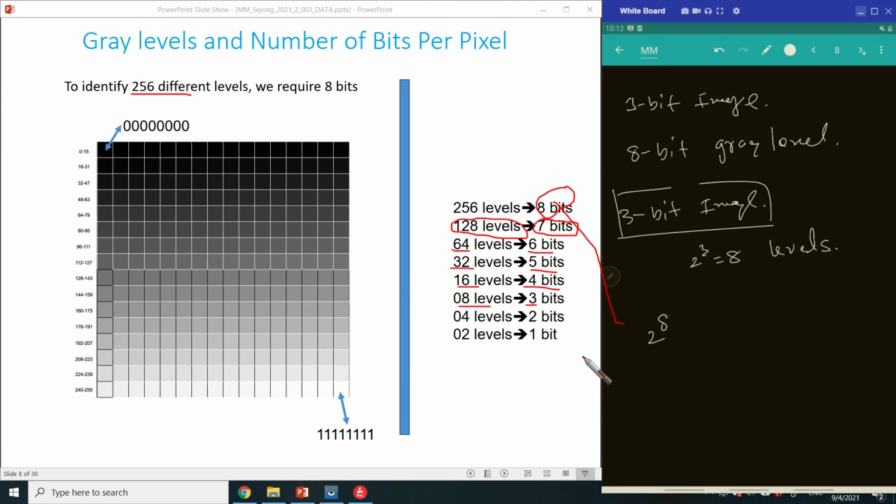It means 2 to the power 8, so that means 256 different levels we can think of. Similarly, if we represent 1 bit of information, what does it mean? 1 bit means 2 to the power 1, so you only have 2 levels, and that is exactly the binary image that we saw.